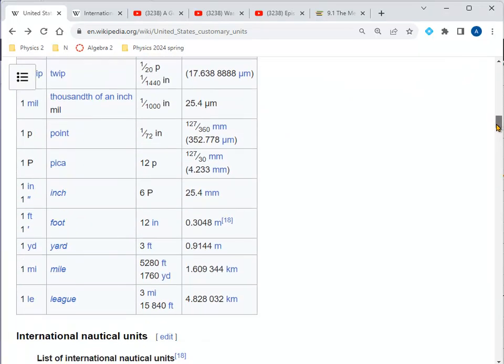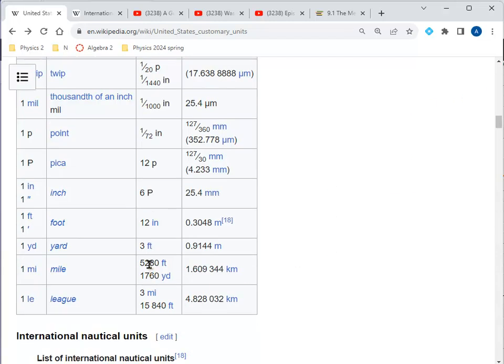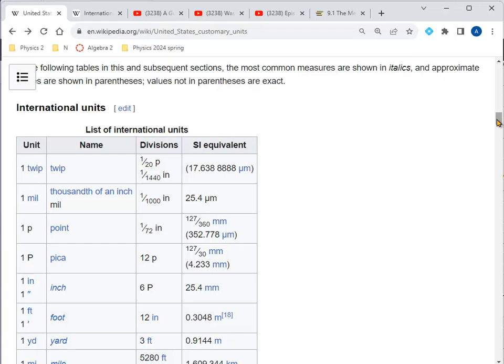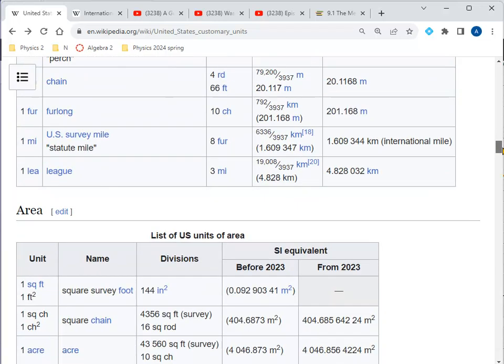But you also have a lot of units that are related to them, but they have these really strange conversion units, such as 5,280 feet in a mile, or 1,760 yards in a mile, or 3 feet in the yard, or 12 inches in the foot. And that just goes on for all these kinds of units.